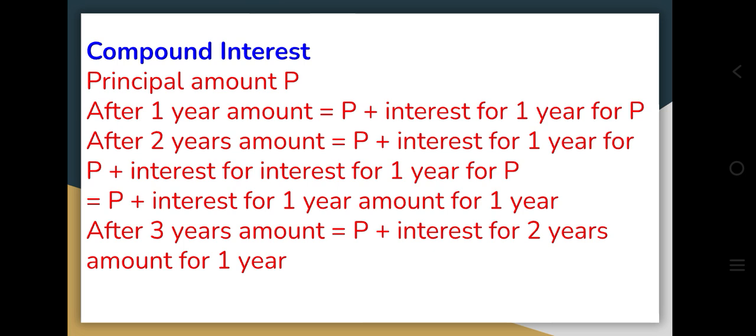So for interest we have to again calculate the interest. Similarly, after 3 years, the amount is P plus interest for 2 years accrued amount for 1 year. So if you understand this, we can do some of the problems on compound interest without using the compound interest formula.